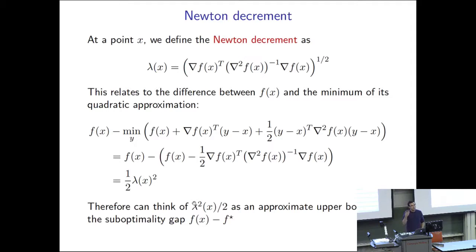So to the extent that these quadratic approximations are reasonably accurate, we can think about this Newton decrement as an approximate duality gap, or really suboptimality gap. So if we check this and it's getting small, then roughly speaking, the method is close to converging. Maybe even more roughly, this is like an upper bound on the difference between where we are and the solution.